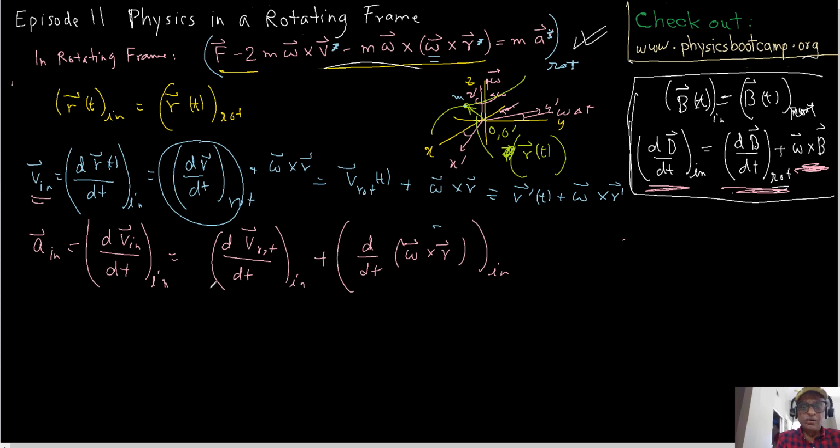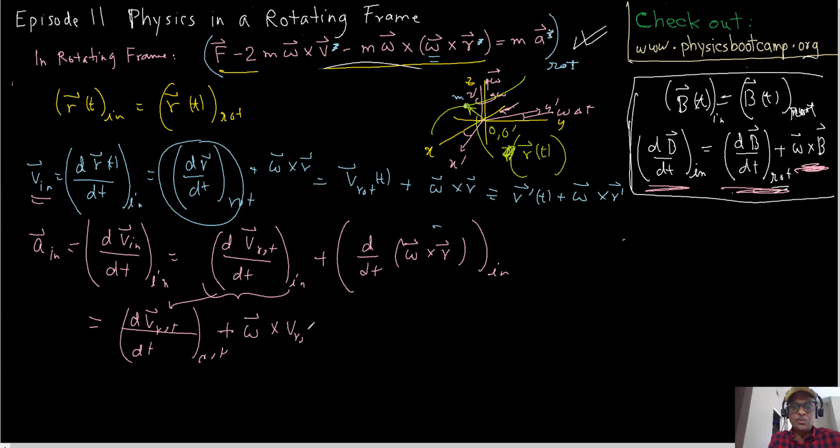So we see I'll get the same derivative of the same quantity but in the rotating frame, plus I've got an omega cross v rot. So you're going to get these two terms, right? And over here omega is constant, so we can just slide the omega cross through.